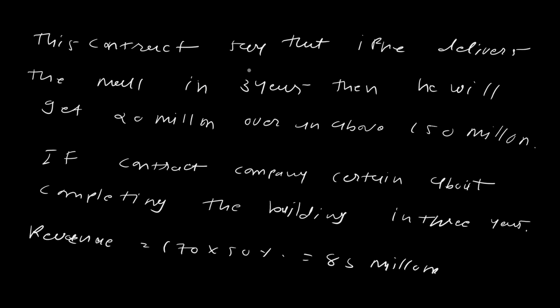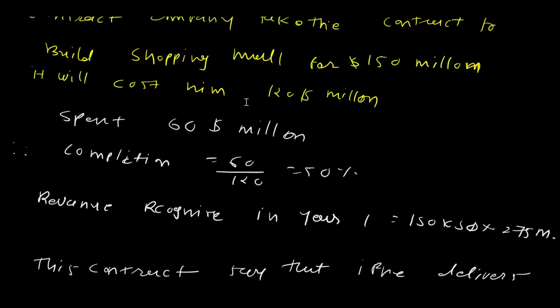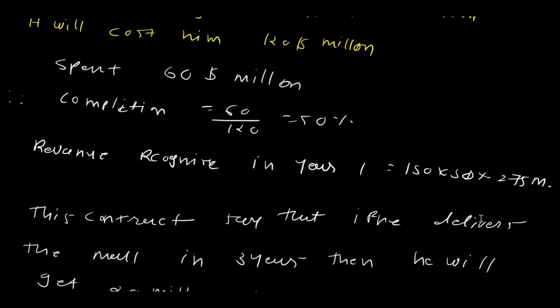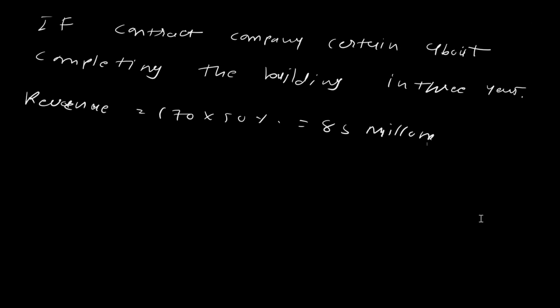If he is not sure, then he will recognize the revenue as this 150 into 50%. That's it.